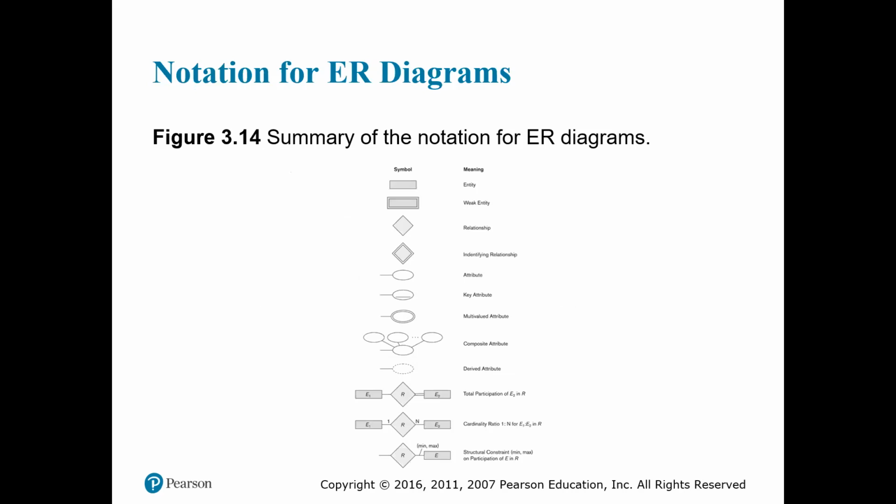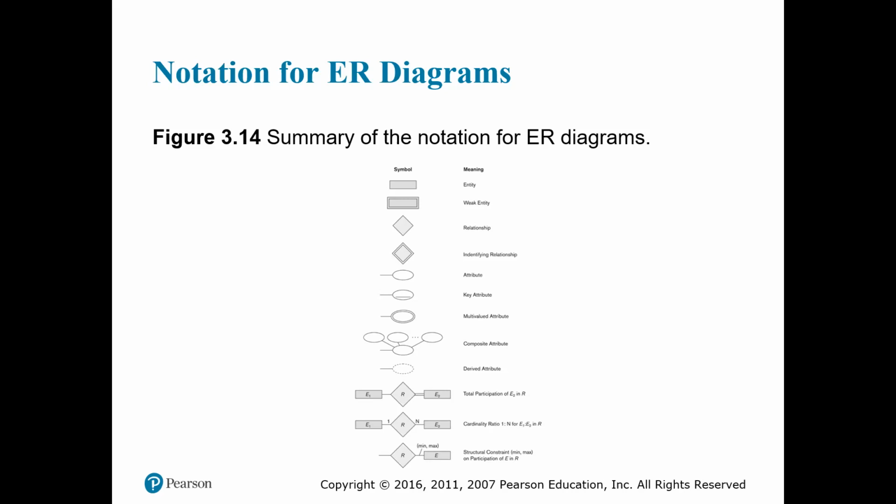And here you go. A weak entity doesn't have any primary key, which is fraught with peril at an implementation level, but conceptually, that's what it looks like. A diamond is a relationship. Ovals are attributes or columns. You underline a key attribute.